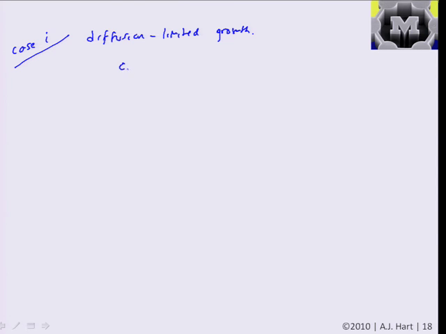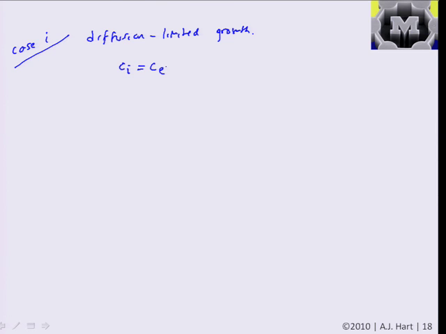We can say that the concentration at the interface is equal to the equilibrium solubility of the particle, because we're limited by the rate of supply at the surface, so there's no concentration gradient at the surface accounting for a slower reaction rate. In other words, the reaction rate at the surface is consuming the monomer as quickly as it comes in.